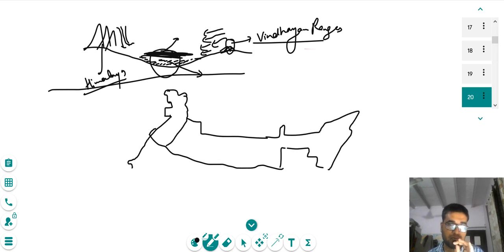Okay, this is the Indus Plain that we will study. This is the Upper Ganga Plain.